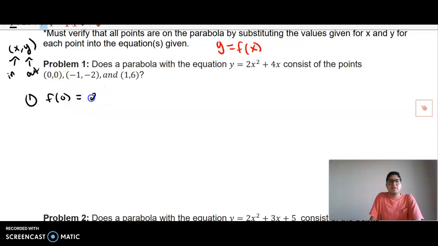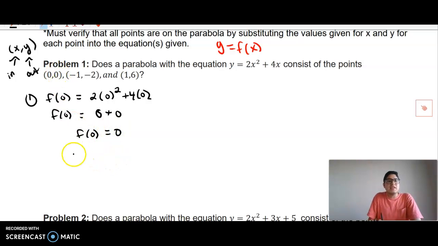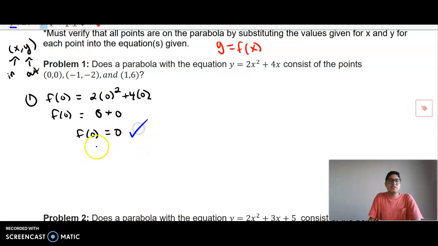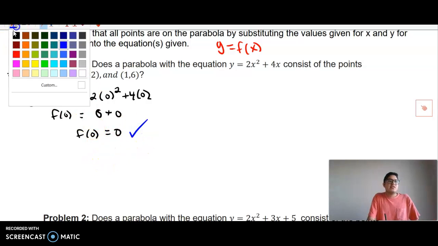So I'm going to do 2 times 0 squared plus 4 times 0. Well, 0 squared is 0. 4 times 0 is 0. It looks like f of 0 equals 0. So 0, 0 would be a coordinate that is on this parabola. So this is true. So that's the idea here.